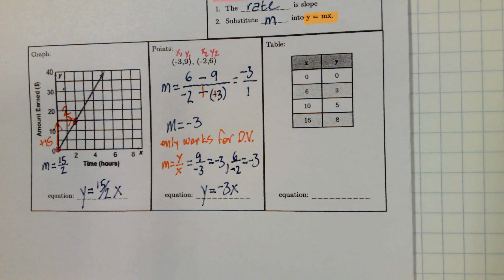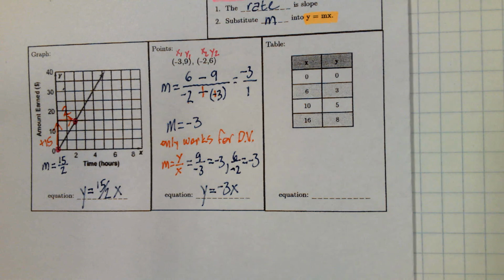Okay? So I kind of made you do it the long way to show you that's the way it's normally done, but you could take a few shortcuts when it's a direct variation and just do y divided by x on a direct variation situation. And you get the same answer. Okay? All right.